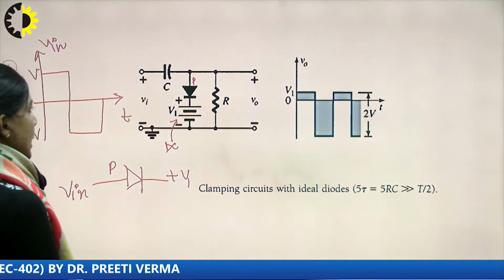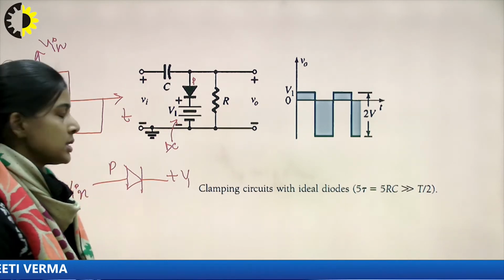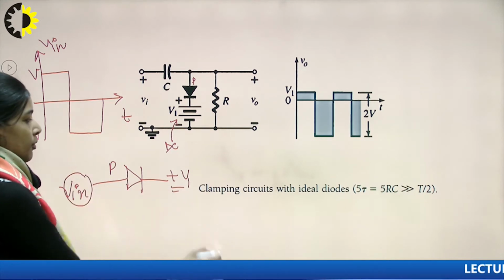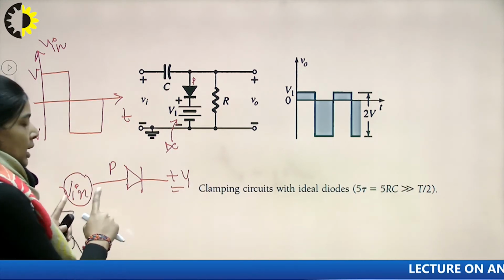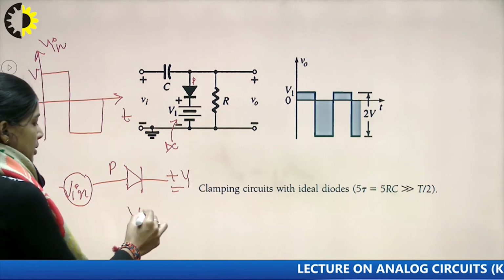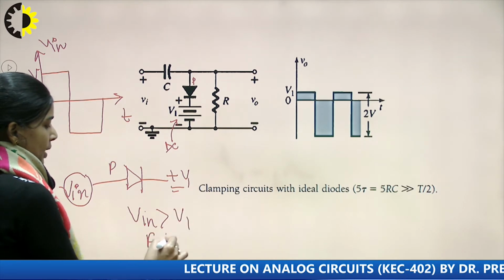Now, how can we identify whether the diode will be forward biased or reverse biased? By taking the magnitude of V in and V1. When V in is more positive than V1, then this diode will be forward biased.